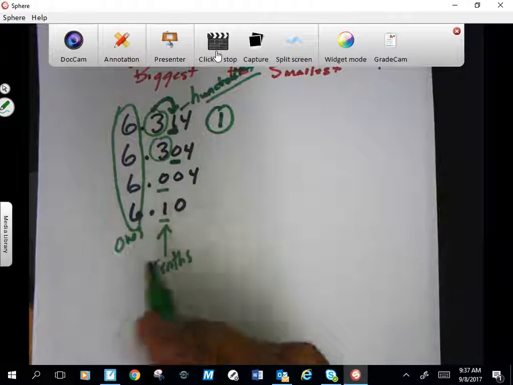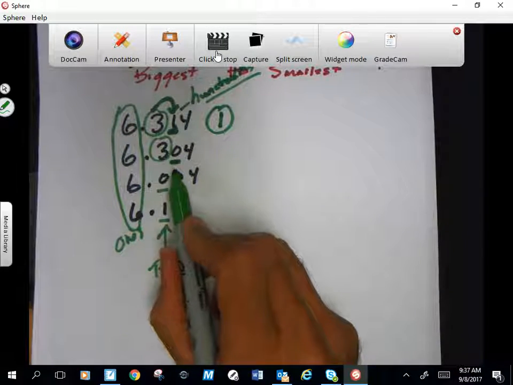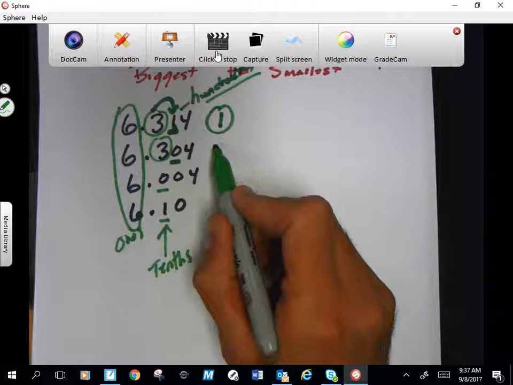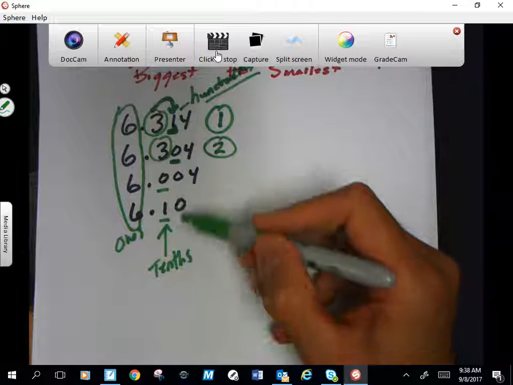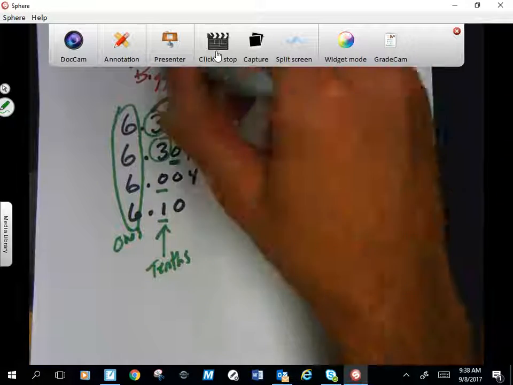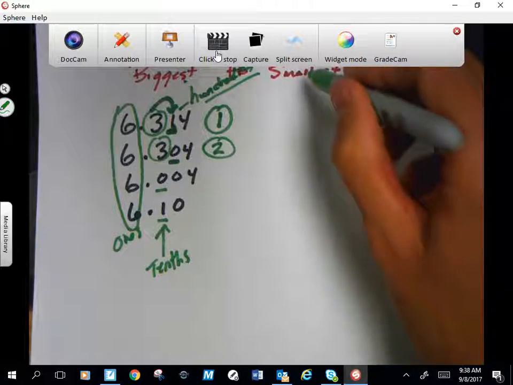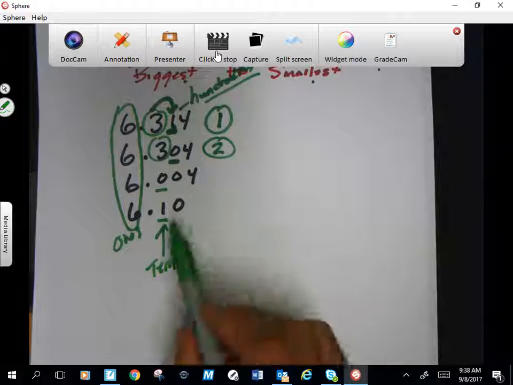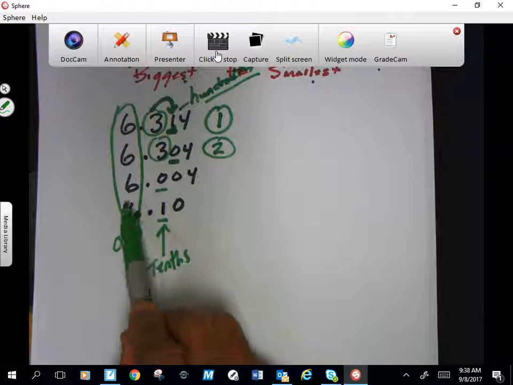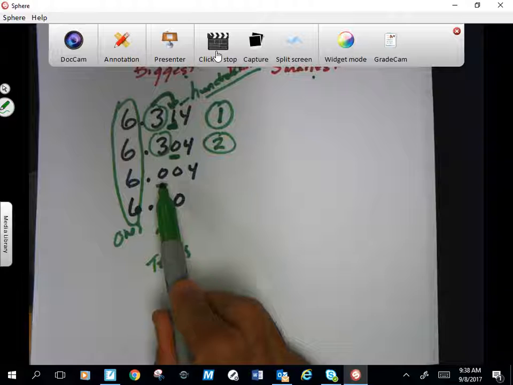And therefore, I know that the second biggest number is going to be right here, number 2. Okay. Now I have 2 numbers left. I'm going from biggest to smallest. So 1, 2. Now, we have to go backwards again. We already know they all have the same 6, but we have to go back to the tenths.